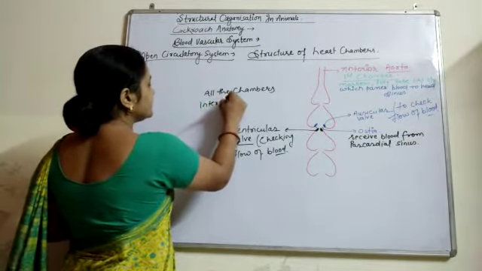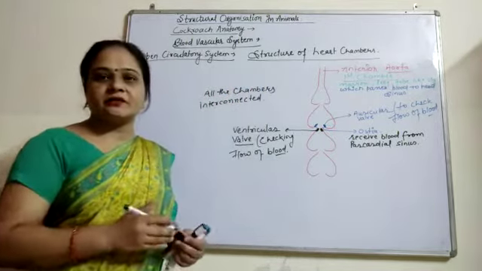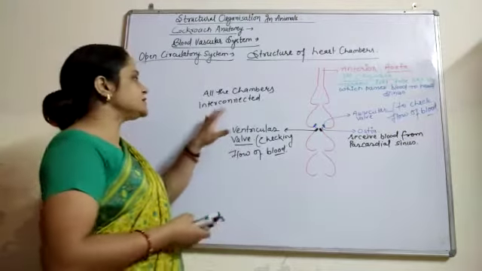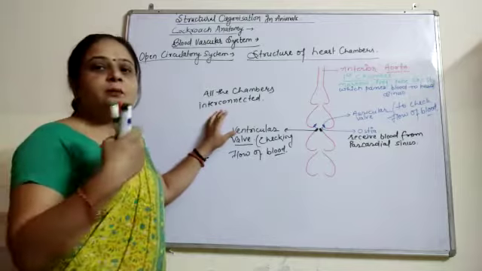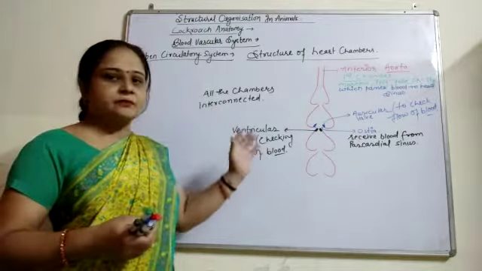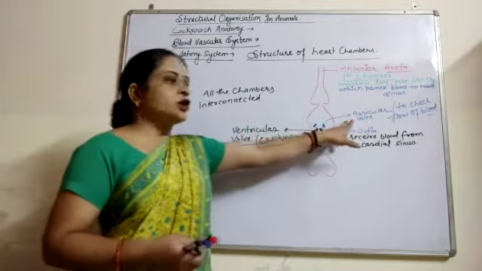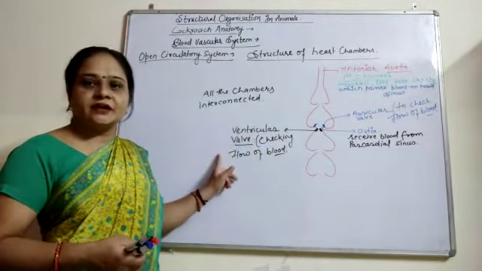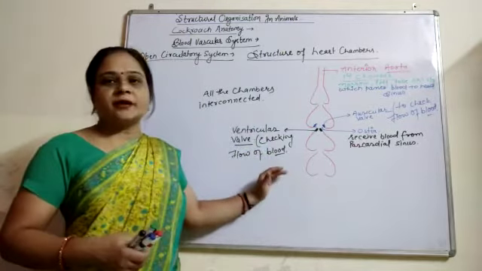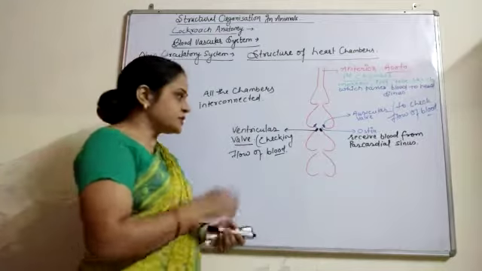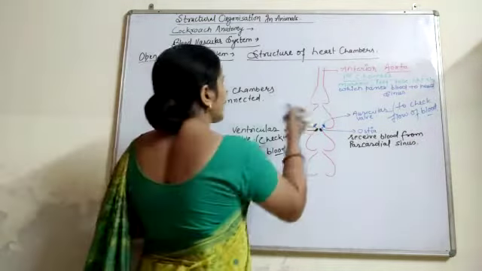All 13 chambers are interconnected with one another; each chamber receives blood and then pours it into the next chamber, and they receive blood from the pericardial sinus. So the auricular valve as well as the ventricular valve help in checking the flow of blood from one part to another.